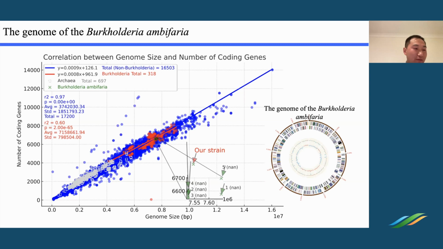This suggests that our strain, Burkholderia ambifaria, has an enhanced capacity for protein production, potentially aiding its colonization of the wheat plant.